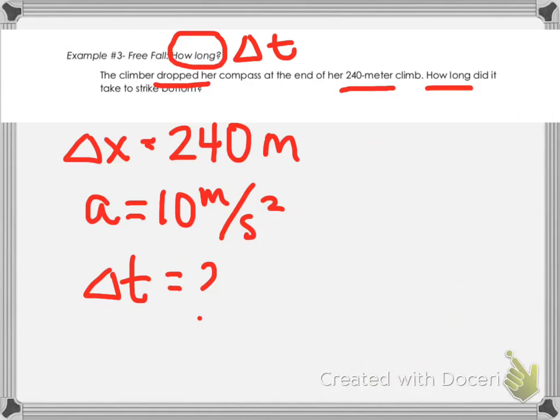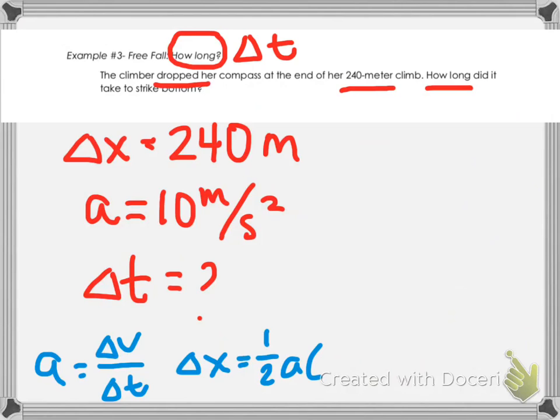Now we have two formulas that have delta t in them. I have a equals delta v over delta t, and delta x equals 1/2 a times delta t squared. So if I look at the information that I have, I'm going to see that this equation right here is the one that I want to use.